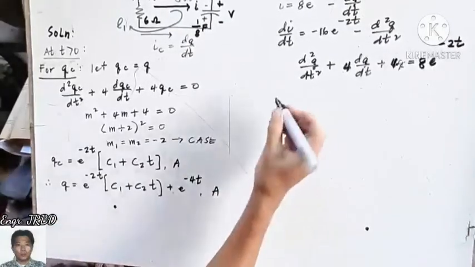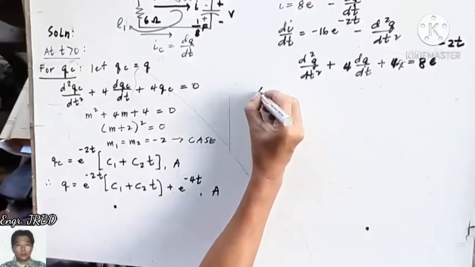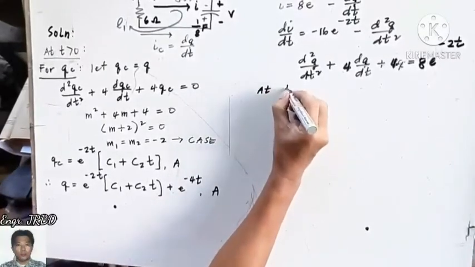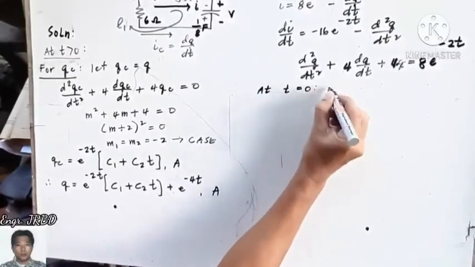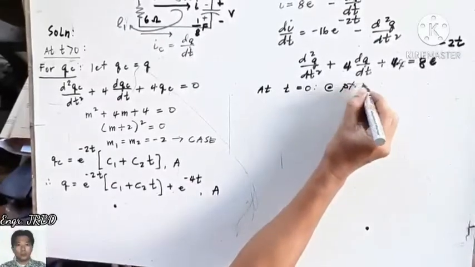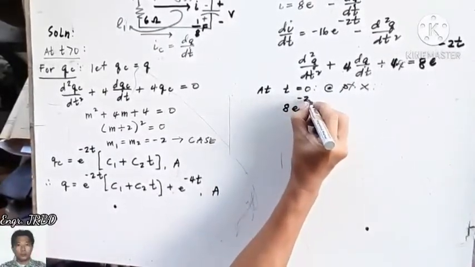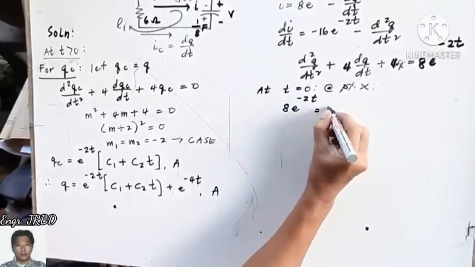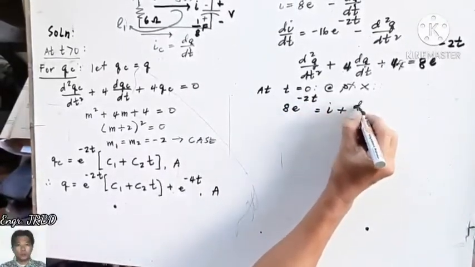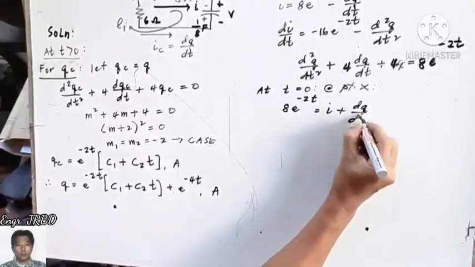So if we apply your KCL or your initial conditions at time t equals 0 at point x, you will be getting 8 e raised to negative 2t equivalent to I plus the derivative of q with respect to t.